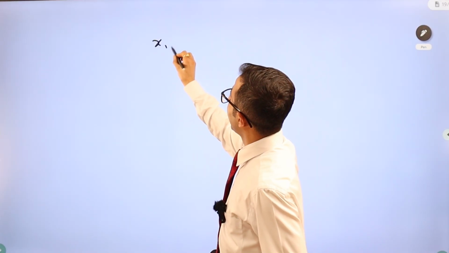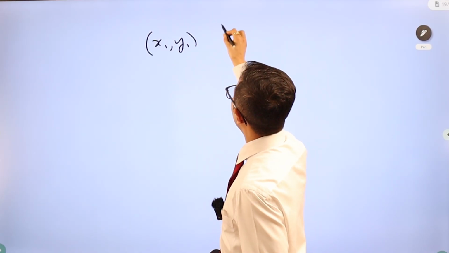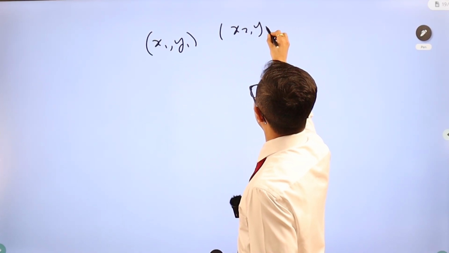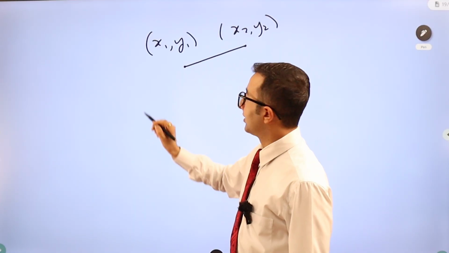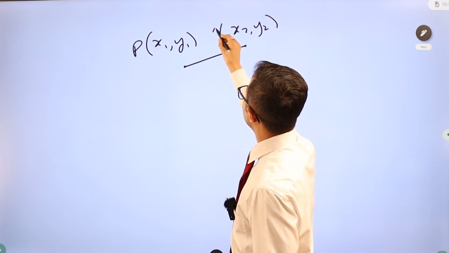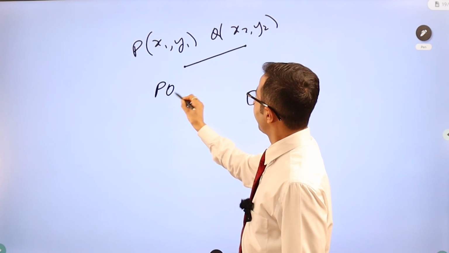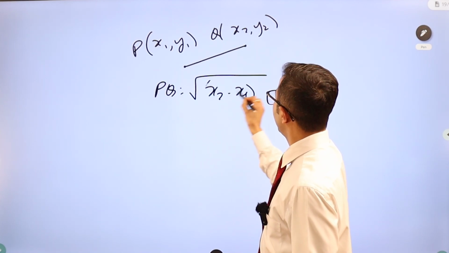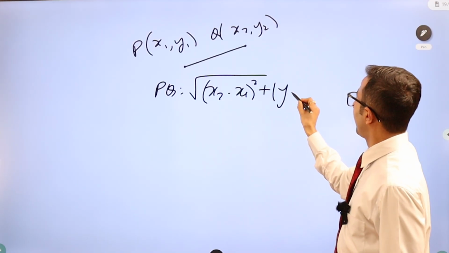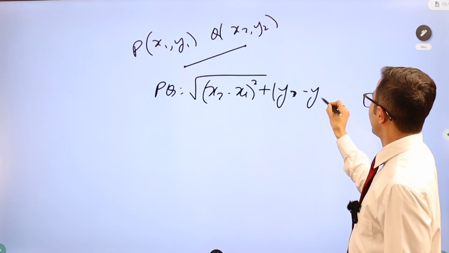Suppose you have 2 points, x1, y1, and another point x2, y2, and you are supposed to find the distance. According to the distance formula, suppose this is P, this is Q. PQ will be the square root of (x2 minus x1) whole square plus (y2 minus y1) whole square.